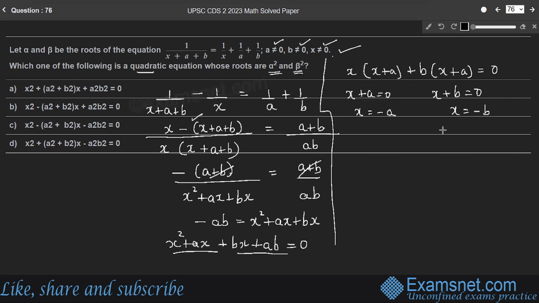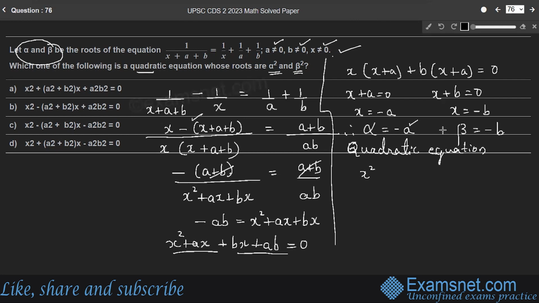It is given that alpha and beta are the roots of the equation. Therefore, we can say alpha is equal to minus a, beta is equal to minus b. These two are roots of the equation. When minus a and minus b are the roots, the quadratic equation by the general formula says x square plus sum of the roots into x.